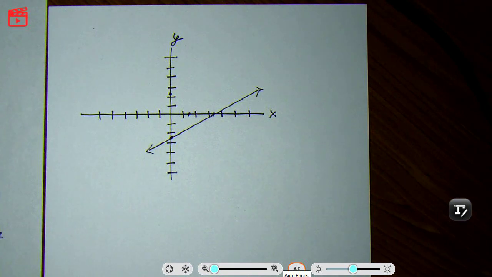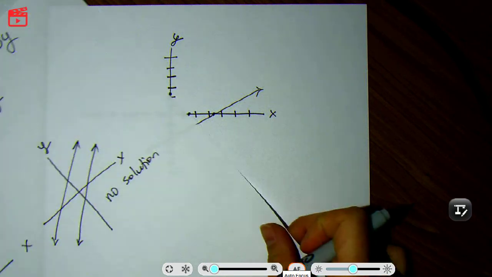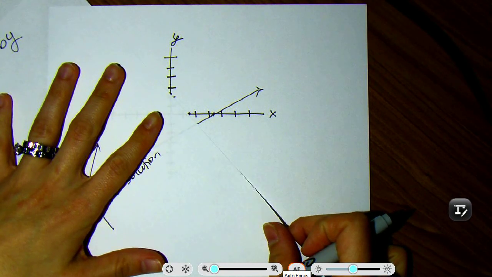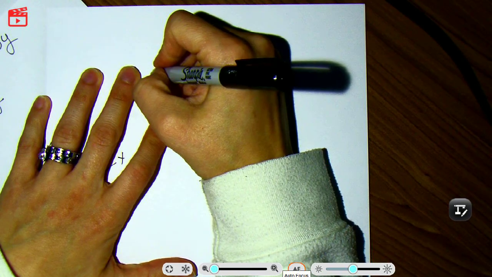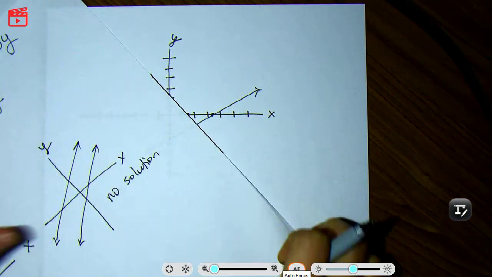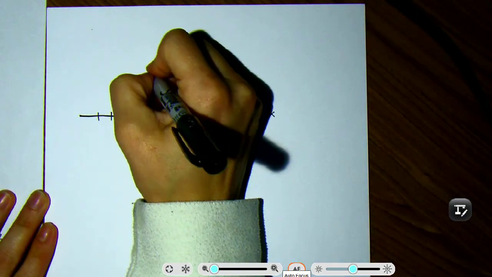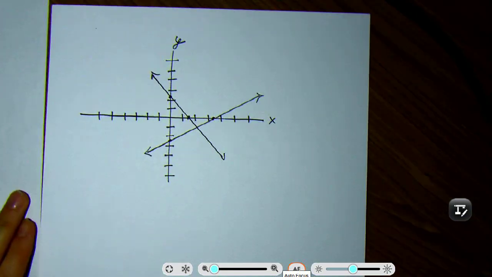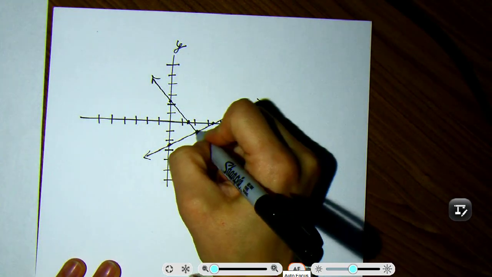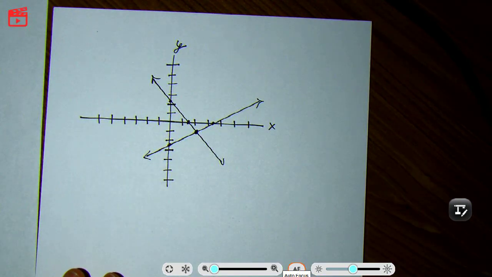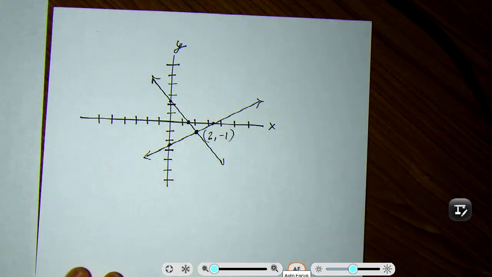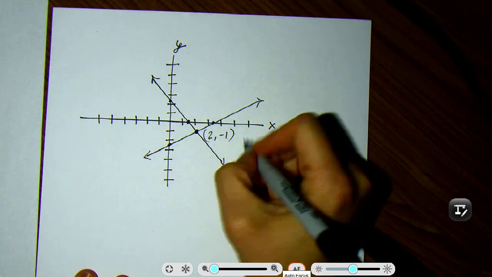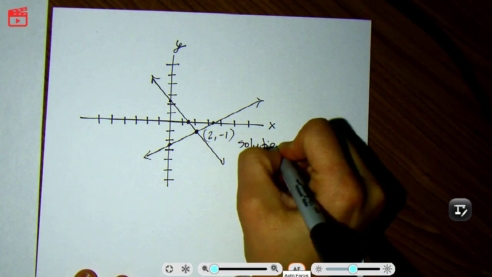Again, I'll try to get it as close to straight as possible. When we're pretty precise, we can see that these two lines cross right about 2, -1. So if I had to guess, the intersection would be 2, -1. So the solution to the system is 2, -1.